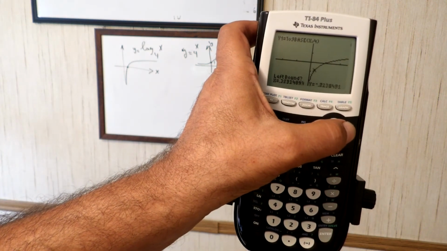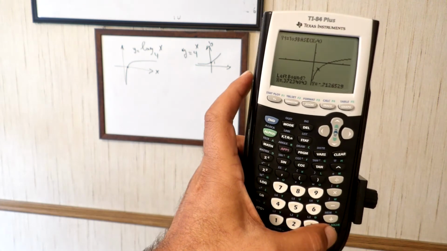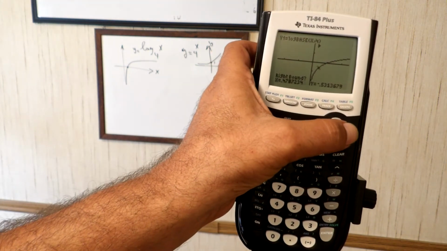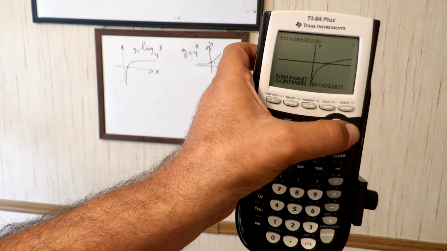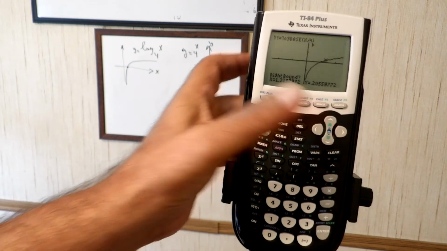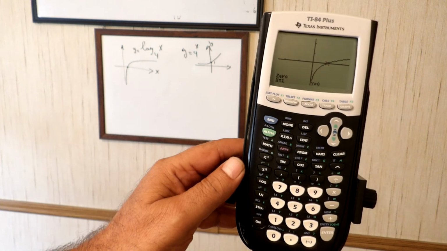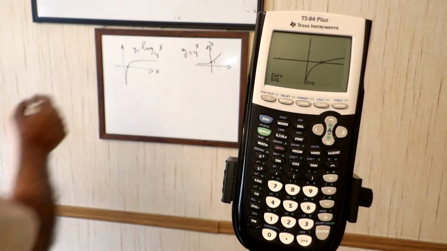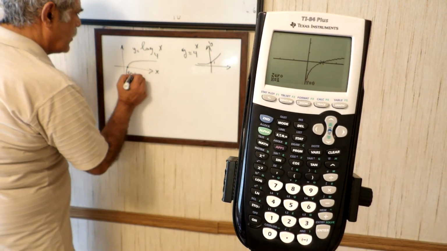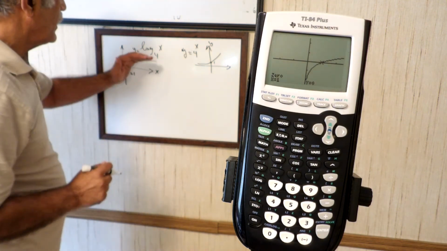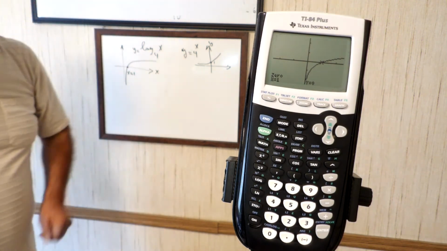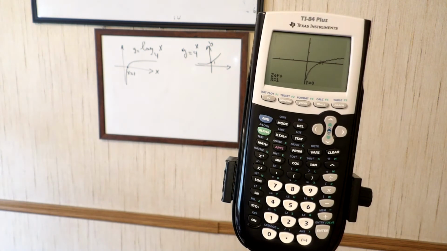The left bound of this 0 is here, and then we go to the right, and enter, and then enter again. It says x is equal to 1. That's why they say they are inverses of each other.